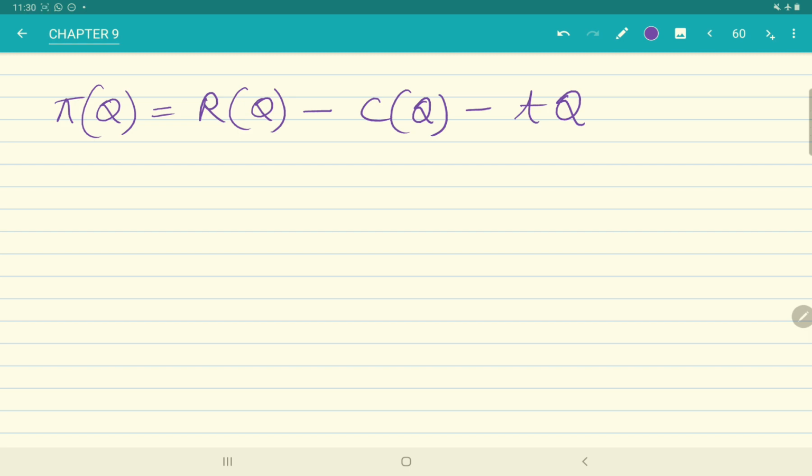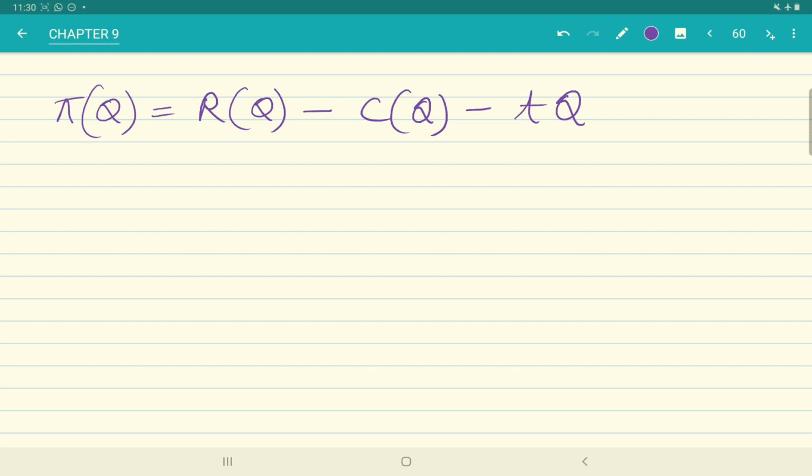Because now when you are selling Q units, you are accruing an additional cost of TQ, because T is the tax per unit imposed on the production of the commodity. If you are producing Q units, that means you are giving out a tax of TQ. So that's additional cost.